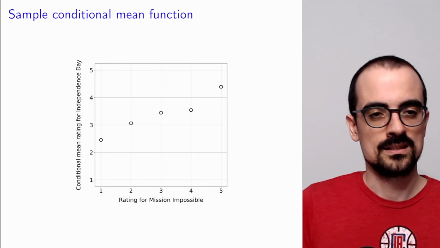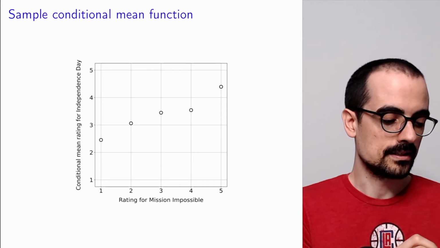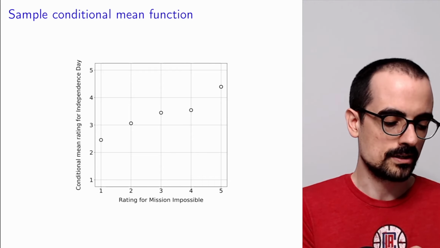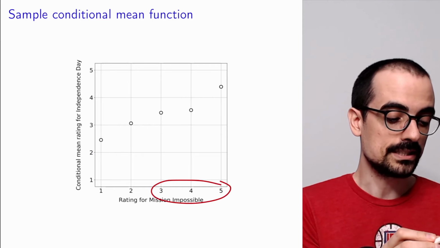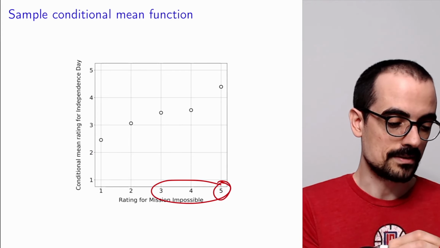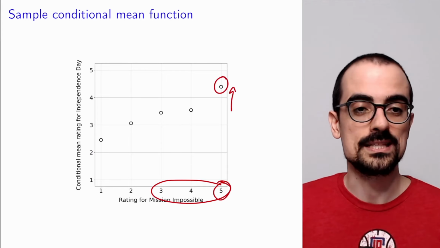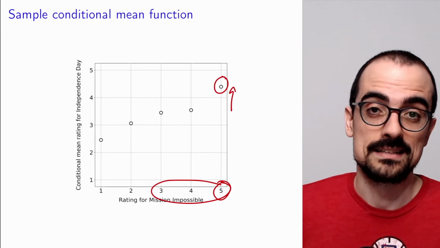We see that on average, when people like Mission Impossible more, they also like Independence Day more on average. There's an interesting effect where people that really like Mission Impossible have a particularly high value for Independence Day. This might just reflect that some people rate very, very highly.